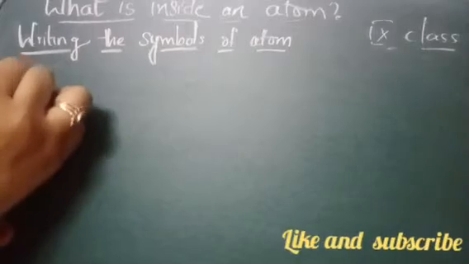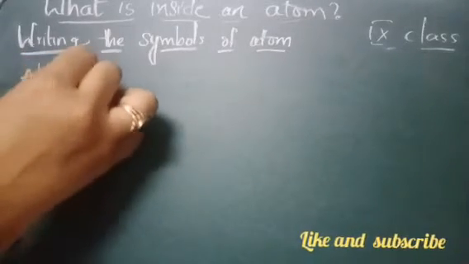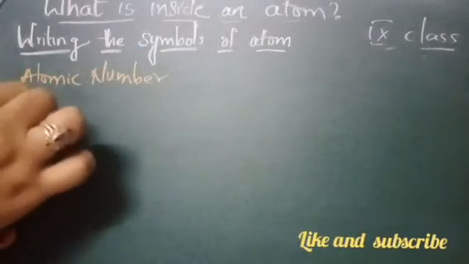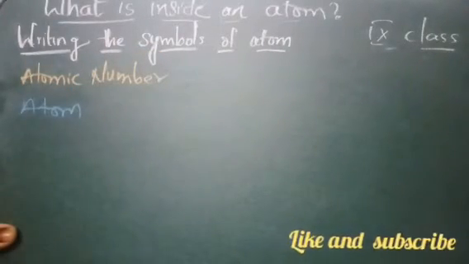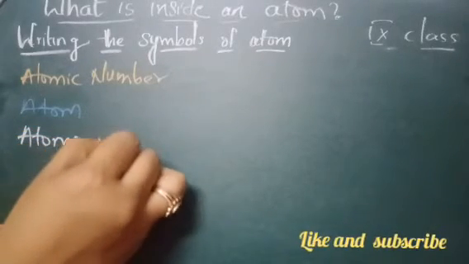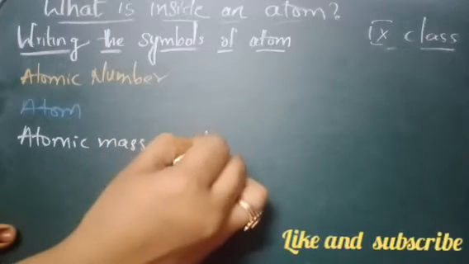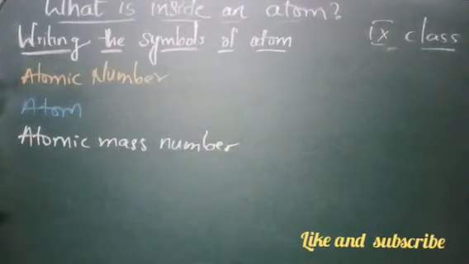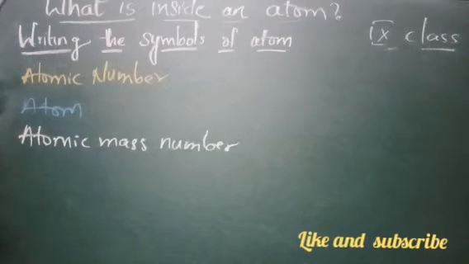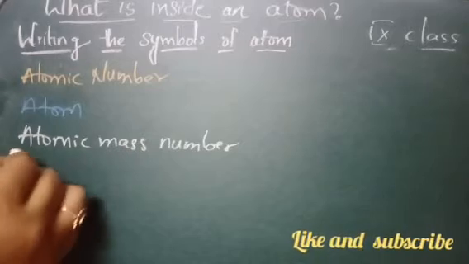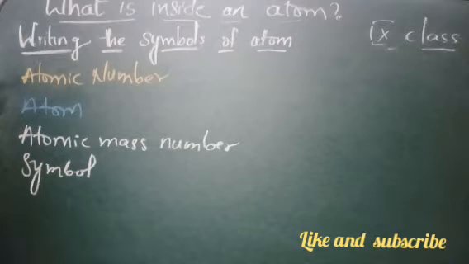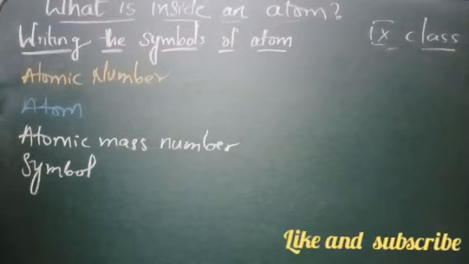We write the atomic number, the atomic mass number, and the symbol of the atom. Without knowing the atom, how will we write? We have to know the atom, the atomic number, the mass number, and what symbol is given to that atom. So these four things we have to know before writing the symbol of an atom.